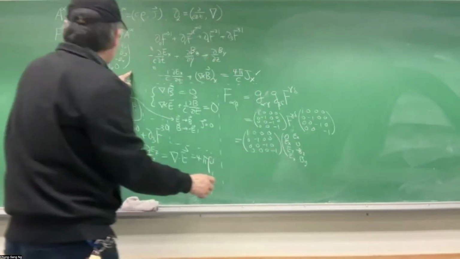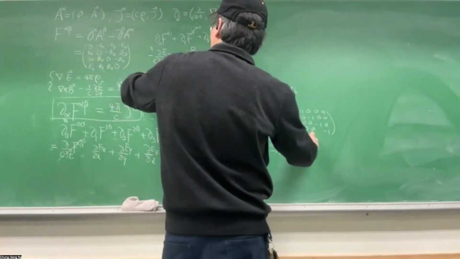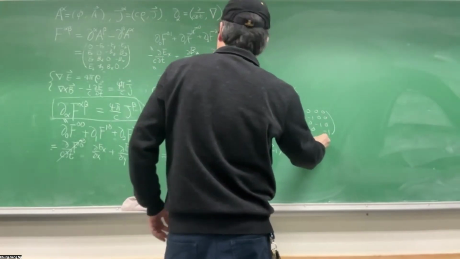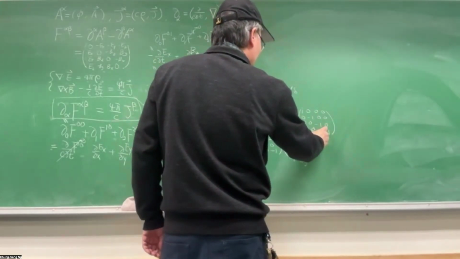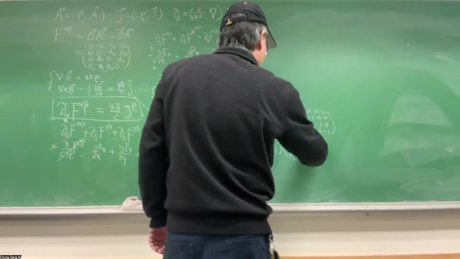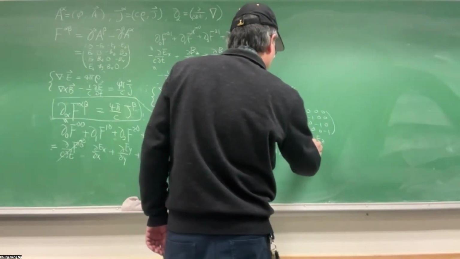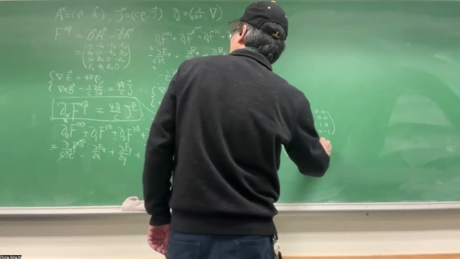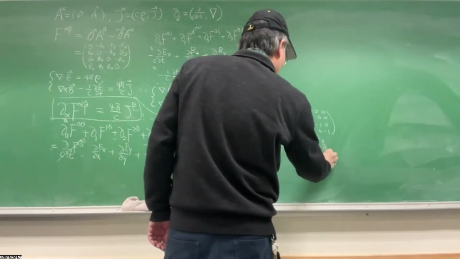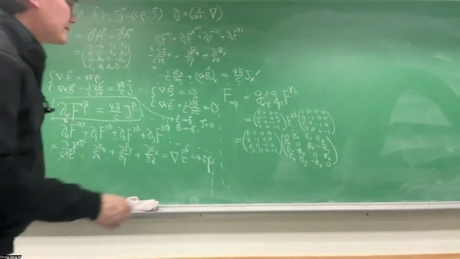So B changes sign, like Bz changes with this one. And now you can convince yourself that the rest are the same, because it's just different minus 1 components, but the end result is the same. So all the electric field doesn't change sign, all the magnetic field changes sign, and then minus By 0 and Bx, and minus Bx 0. Okay.